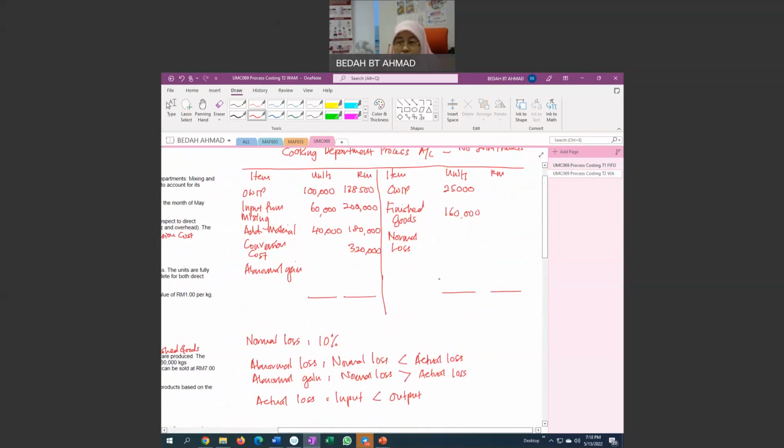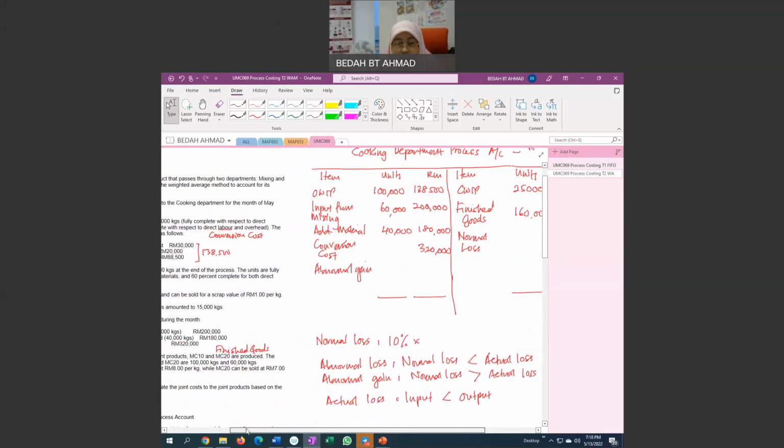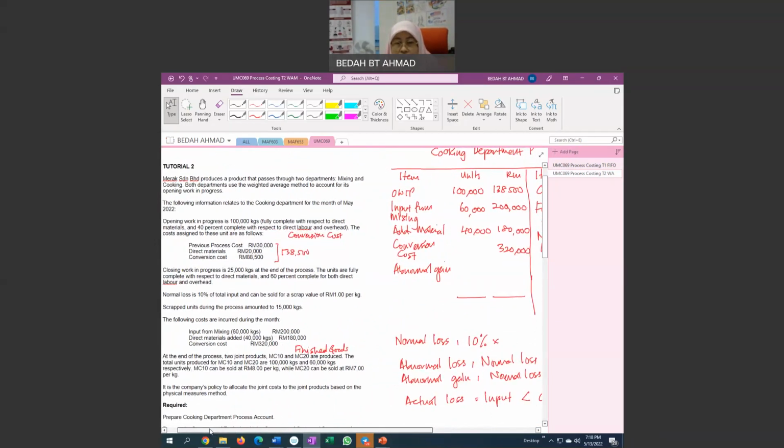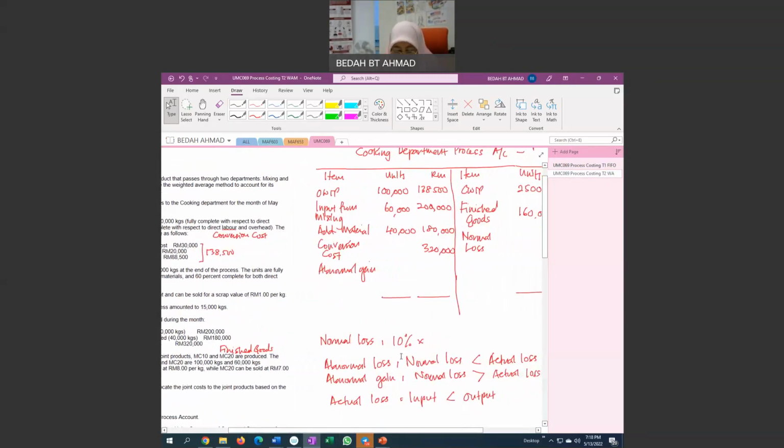Then for the normal loss or abnormal gain, we need to calculate using the information given here. Normal loss is 10% of total input and can be sold for a scrap of 1 ringgit. Total input means the opening work in progress plus the input from the previous process account, plus the additional material: opening 100,000, plus input from mixing 60,000, plus additional material 40,000.